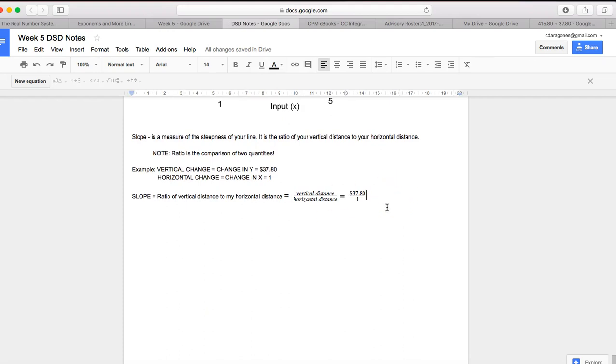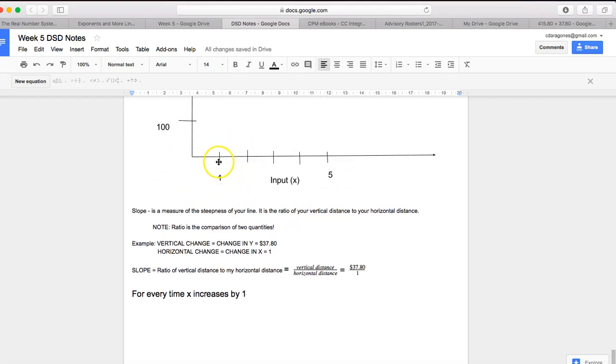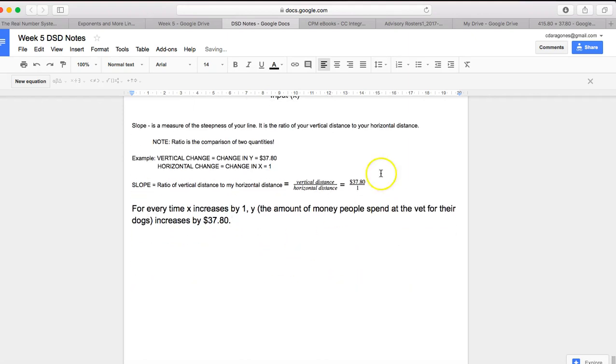Okay, so what is this slope? What is this ratio? What we're really saying is, every time x increases by 1, right, every time we go from 1 to 2, then 2 to 3, the price, or y, the amount of money people spend at the vet for their dogs, increases by $37.80, right?